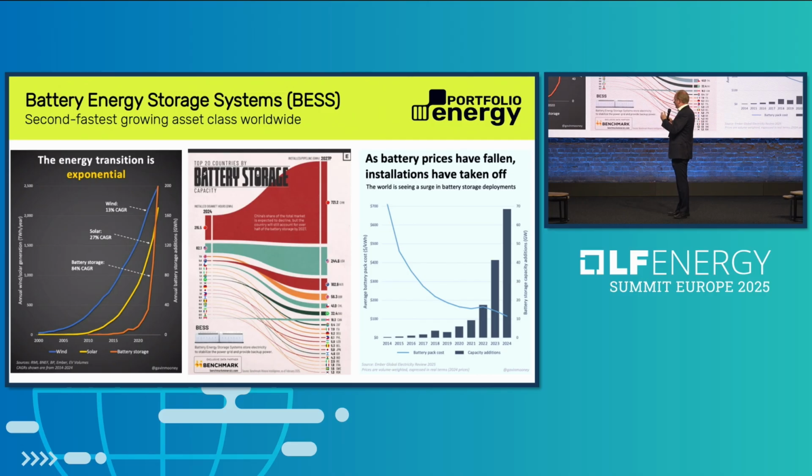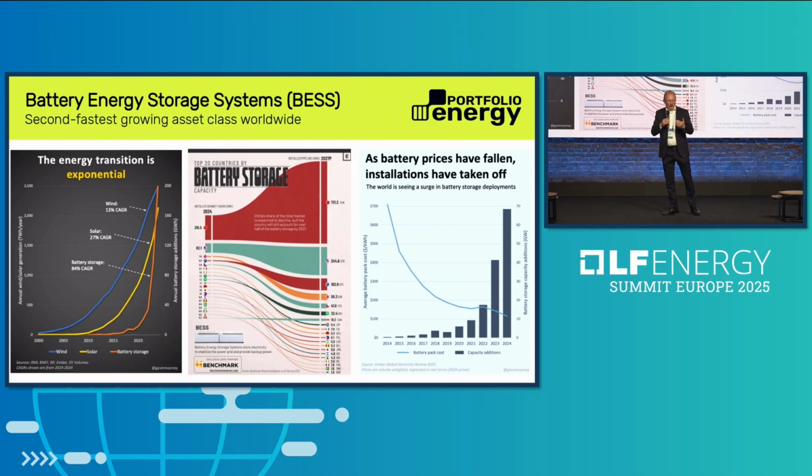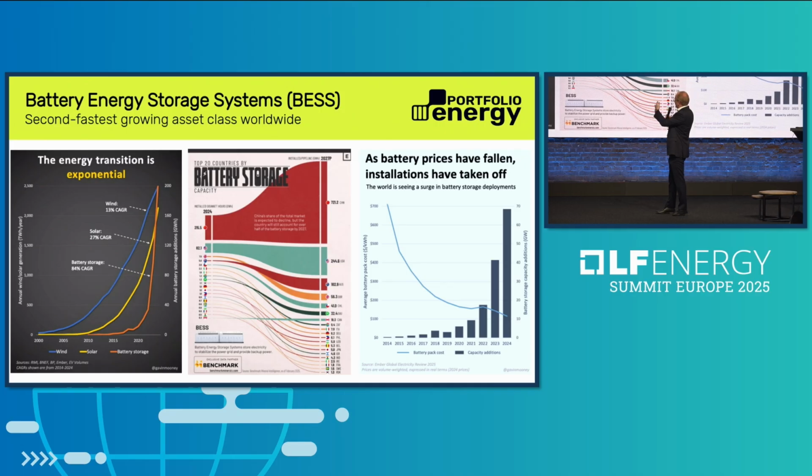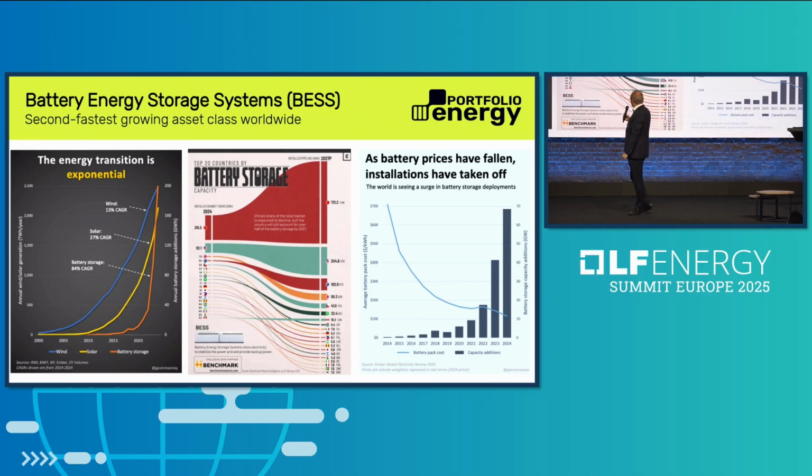The third wave, which we are also in right now, is that of battery storage. So the growth in battery storage capacity worldwide has been breathtaking. I mean, just look at those curves and look how steeply the amount of gigawatt hours installed of battery storage is skyrocketing upwards.